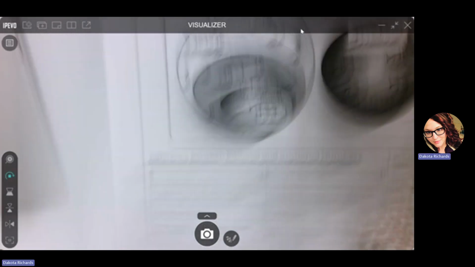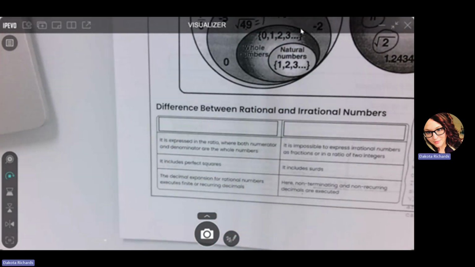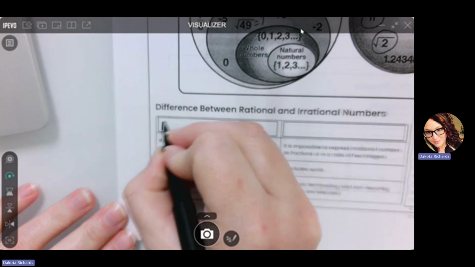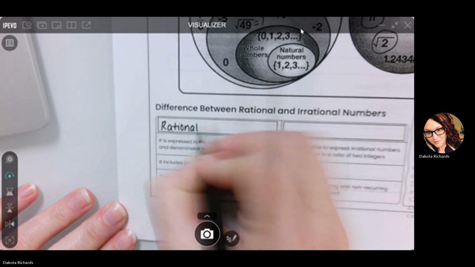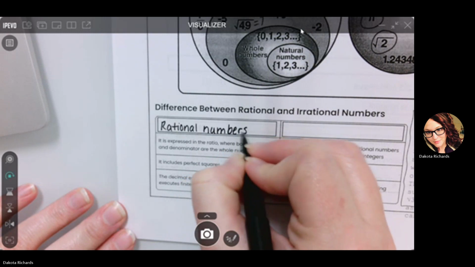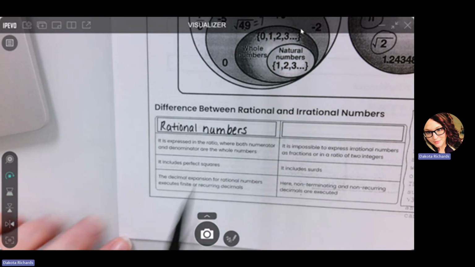Okay. I'm going to move down. The bottom, the difference between rational and irrational numbers. So the first box, these are rational numbers. So it is expressed into the ratio where both numerator and denominator are whole numbers. It includes perfect squares.